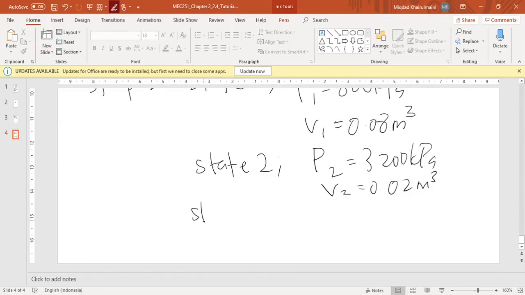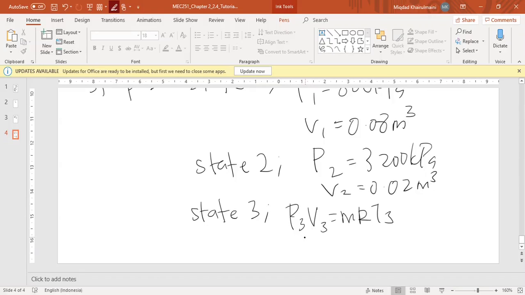For state 3, we have to find the pressure at state 3. First, we can try using PV equals mRT at a state, but have a quick glance, is it suitable enough? How many unknowns do we have, and how many values do we have?